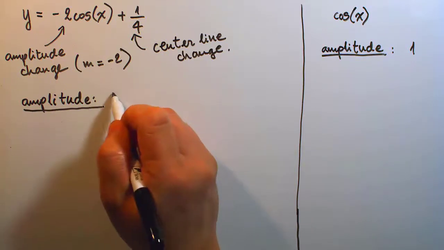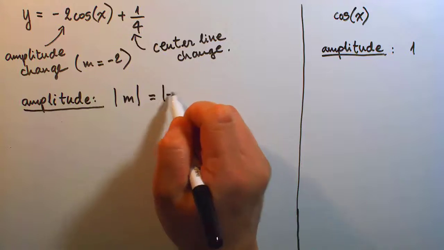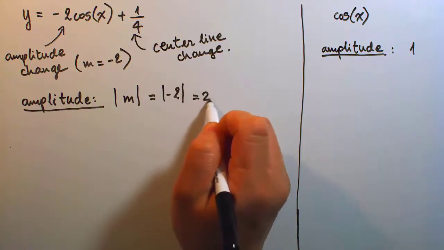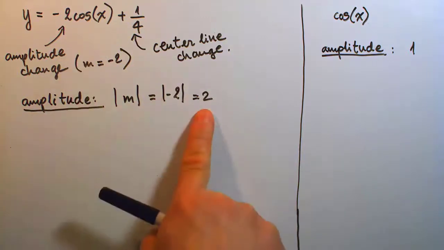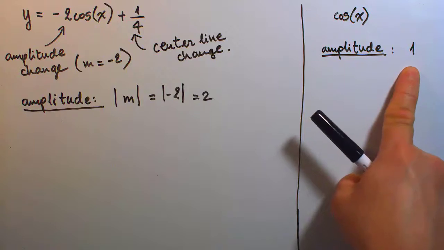So our amplitude here is the absolute value of m. Consequently, the absolute value of negative 2, or the amplitude for our function here, is a positive 2 compared to the original ordinary cosine of x having amplitude 1.